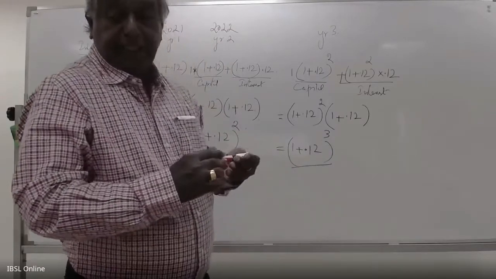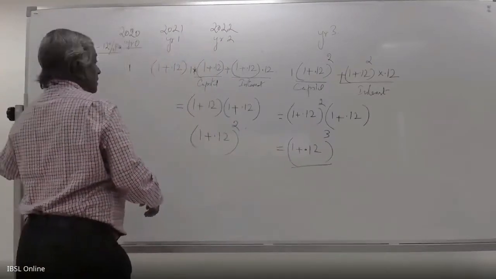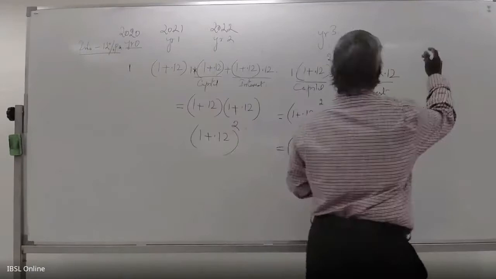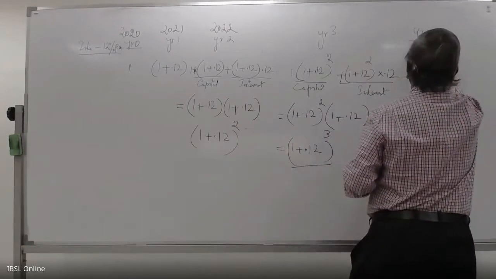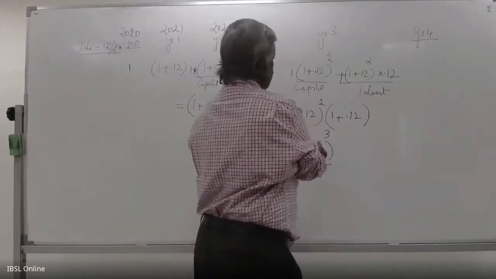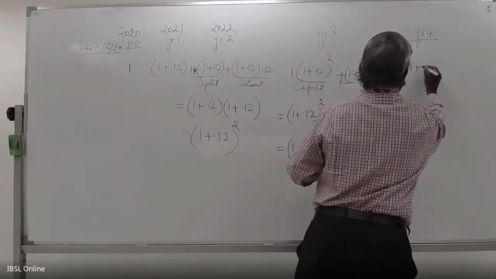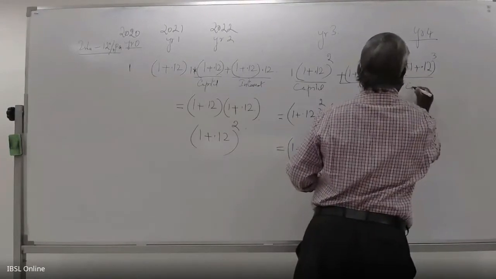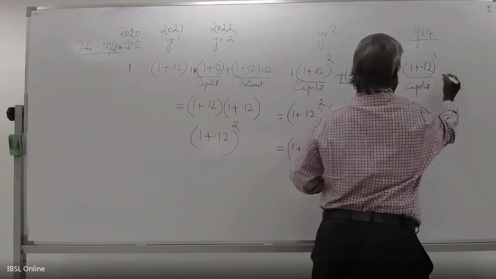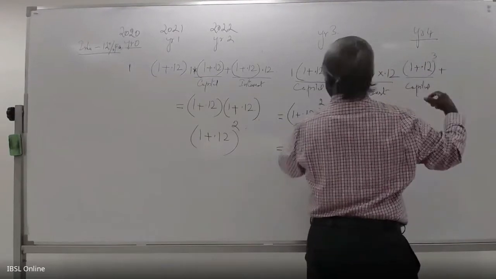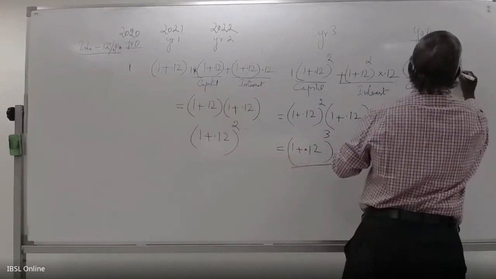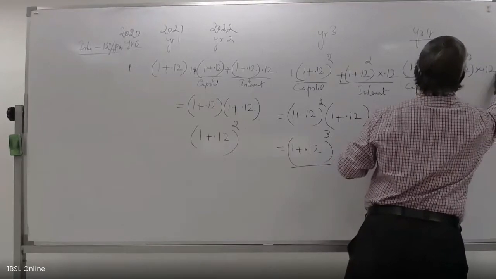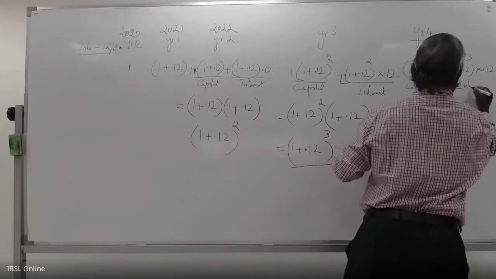What will happen in the fourth year? Year 4. This is going to earn interest now. 1 plus 0.12 to the power 3 is the capital portion. Plus, this is going to earn interest at the rate of 0.12. So 1 plus 0.12 to the power 3 into 0.12. This is the interest portion.